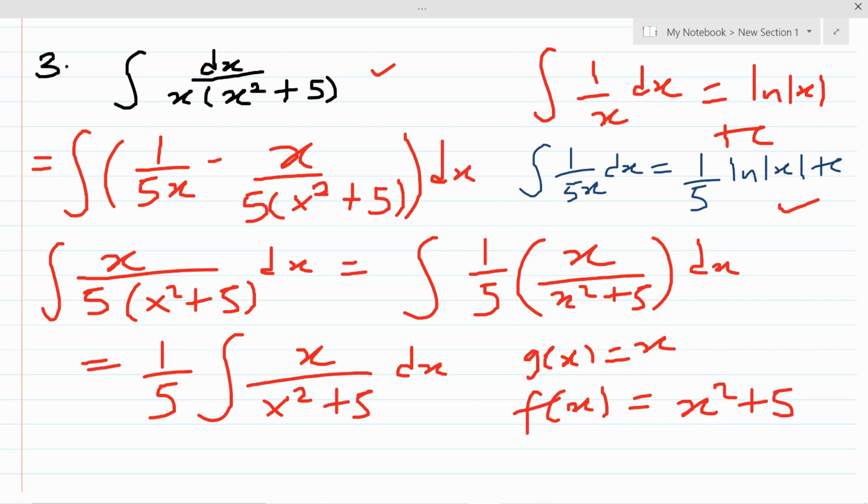The reason I'm not writing 1 over x squared plus 5 is because if I do that, then the differentiation will be tedious, okay. So if I let something equal the f of x, you can see that after differentiating this side, we'll get a power like this one and it will come and cancel. So let's try to do that and see.